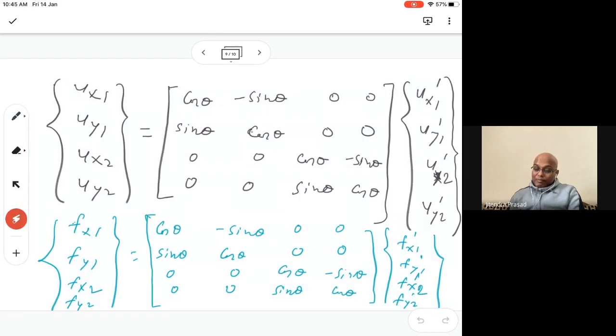Okay, so let's call this guy the rotational matrix R, right? So the relationship is that u is equal to R times this system, right?